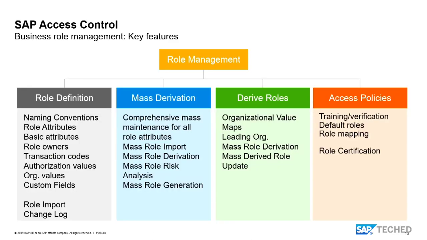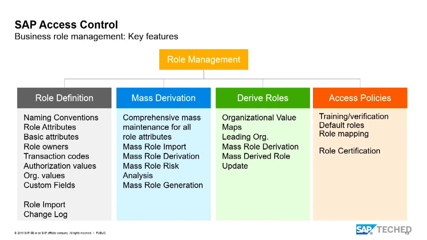Let's look at access control key features in more detail. Some of these I already mentioned. Role definition: there are a number of capabilities that you would expect when you define a role. For example, you can assign role attributes, such as the project release for which a role is relevant, or the criticality level that you assign to a role, meaning how important it is to do compliance checks when you assign that kind of role.